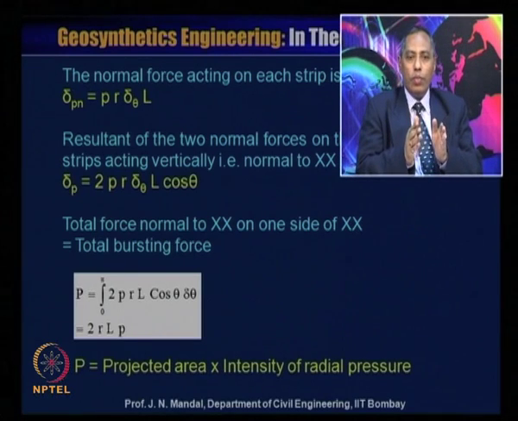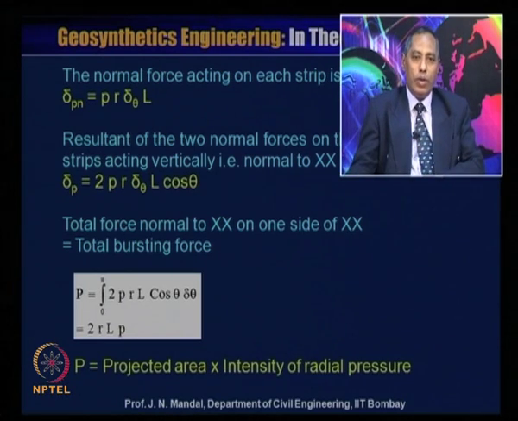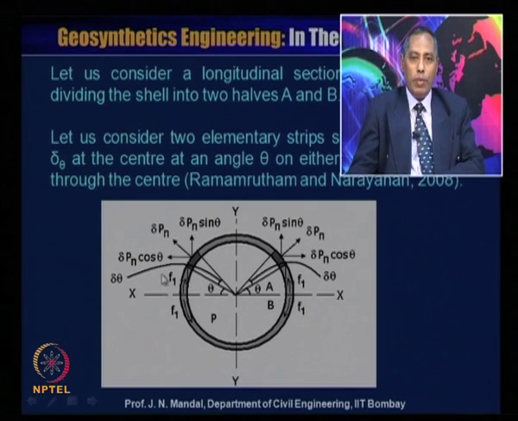So the total force normal to XX on one side of XX is equal to the total bursting force, that is P equal to the integration from 0 to pi by 2 of 2 p R L cos theta d theta.